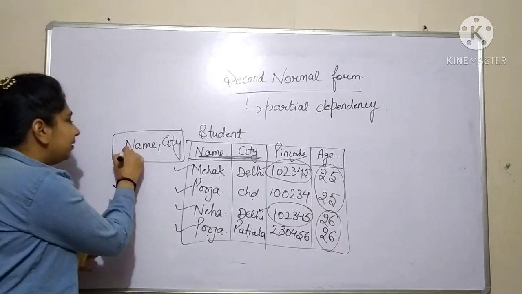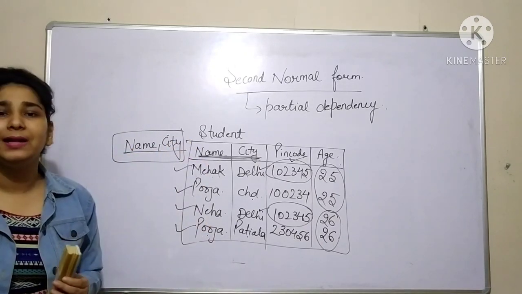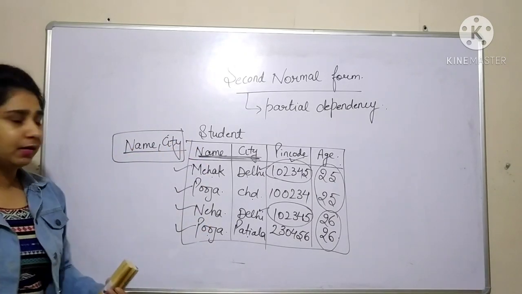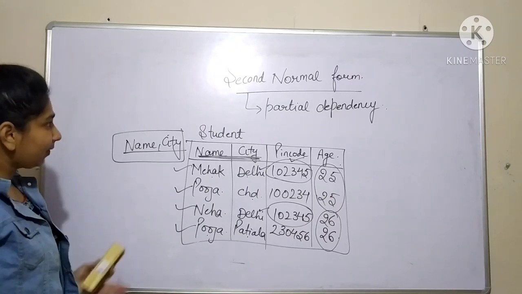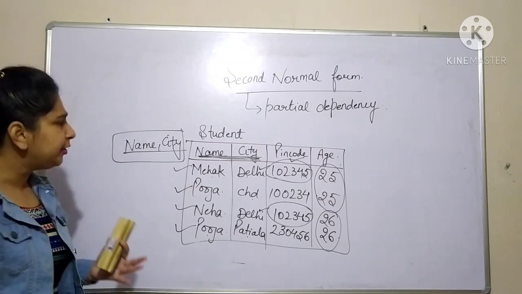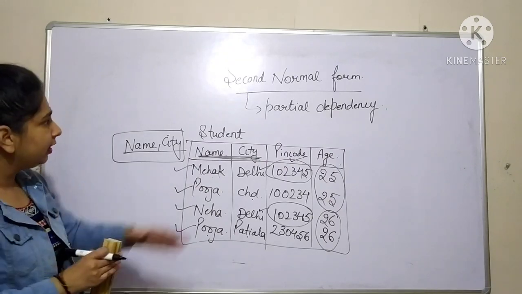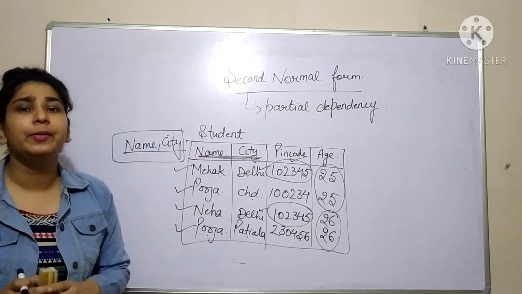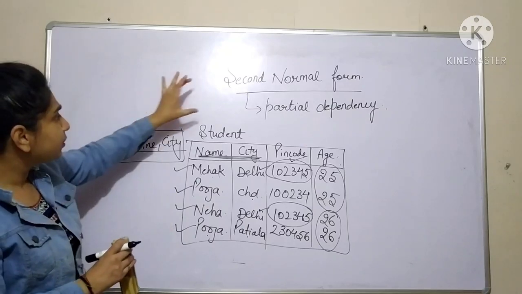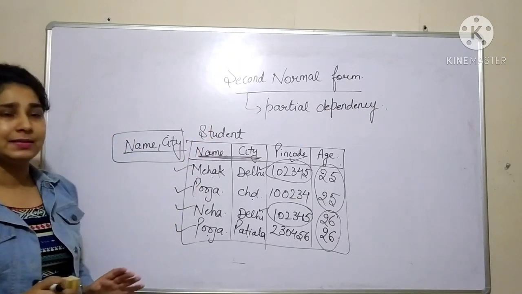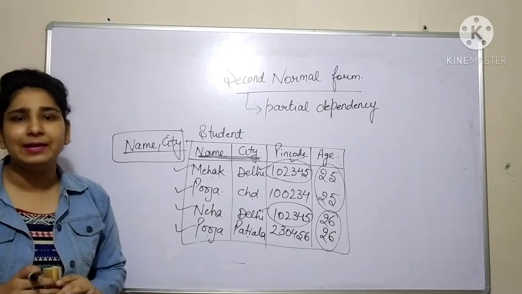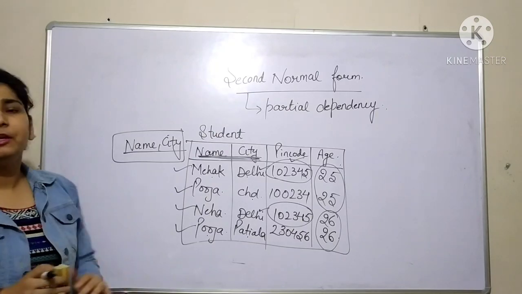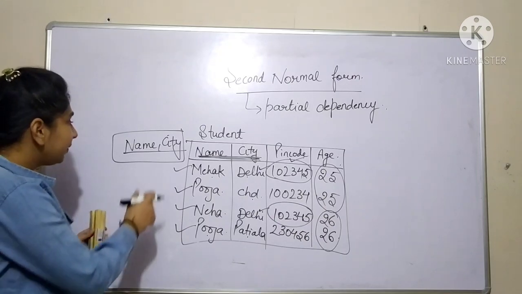Together, name and city we call the primary key of the relation. And what kind of redundancy does second normal form remove? Second normal form says you should not have any partial dependency. What is the meaning of partial dependency?